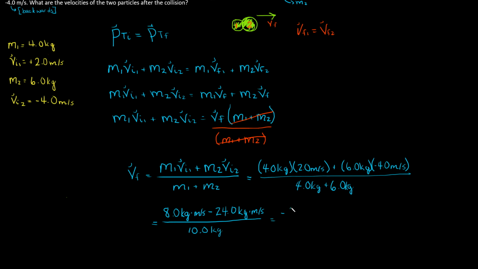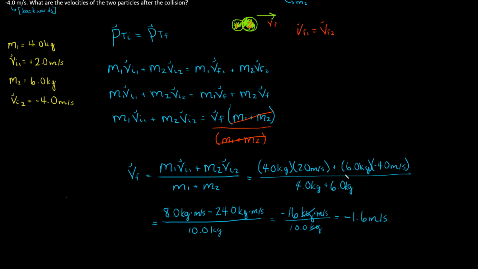So I end up with negative 16 kilograms times meters per second divided by our 10 kilograms. Right, your kilograms are going to cancel, leaving you in meters per second. And I get a negative 1.6 meters per second.